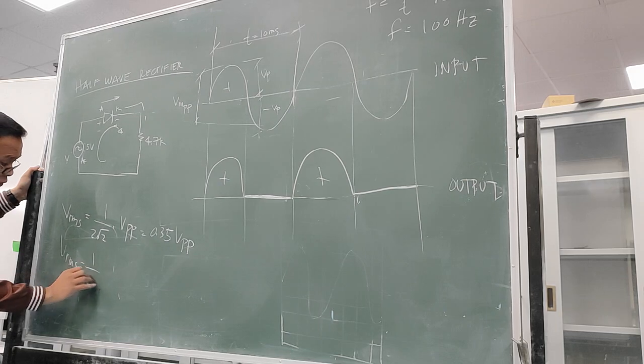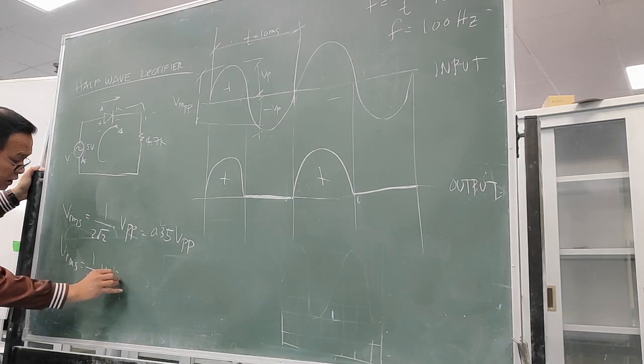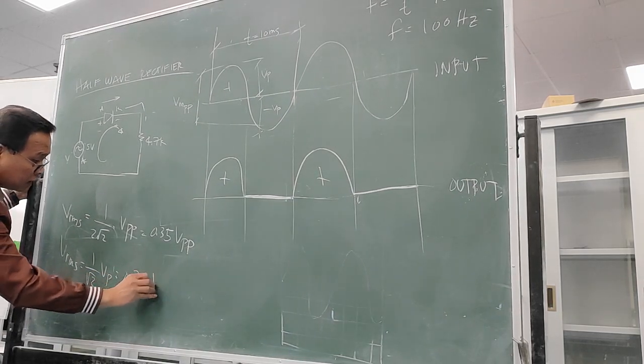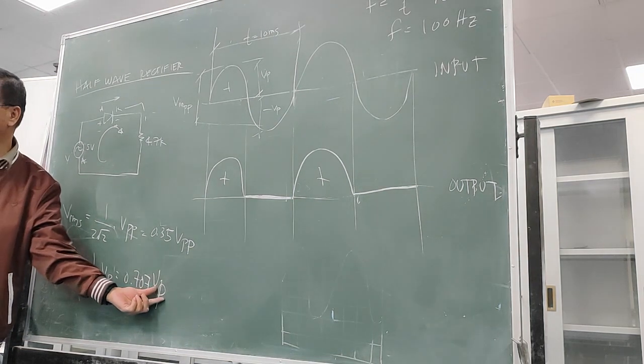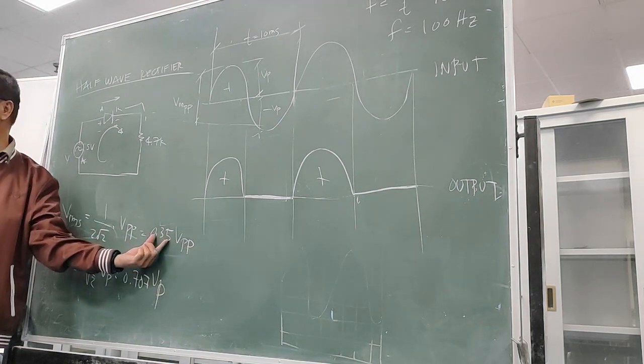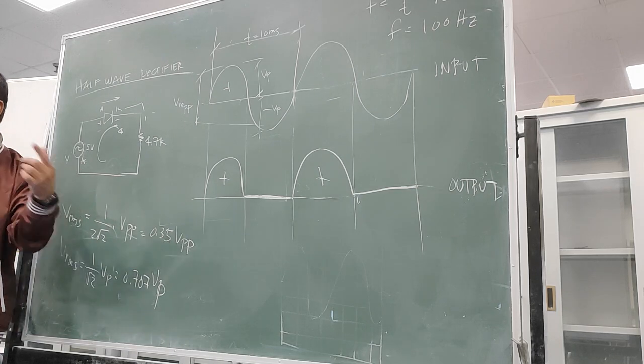Yes, 1 over square root of 2 times V peak, that is 0.707 V peak. This one is what you're talking about, right? You will apply that 0.707 concept to V peak. But for peak to peak, this is the constant value, 0.35.